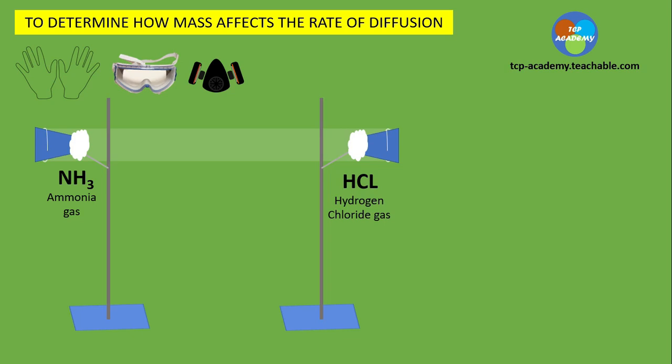Now, it's very important that we pay attention here as we want to determine which of these gases would be denser. So we want to look at how fast the gas will move. The indication of movement for this experiment will be demonstrated by a white ring, which will be formed in the tube as soon as the gases meet.